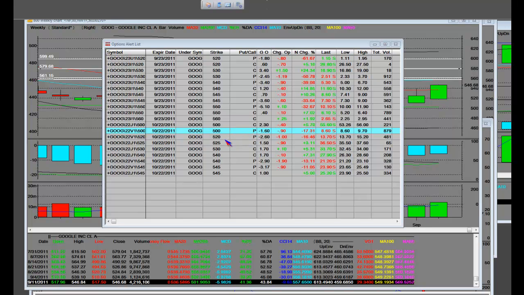We got two puts. Whoops, took out the call. Sorry about that. The 520 put is what we have there, and we want that 520 call there so that you can see clearly that these are $40 now, and there is an imbalance between this put and this call at that 520.